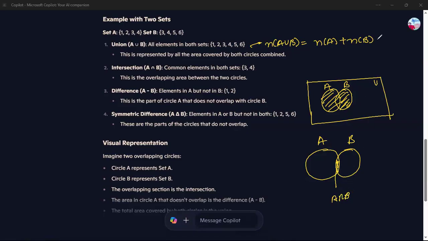That's why we will subtract it once, because it was counted twice. Now we will have the original cardinality of A union B. That's how this formula is written. Very important. This is basic, so that's why it's important. Clear?